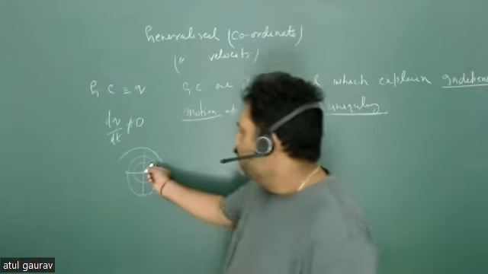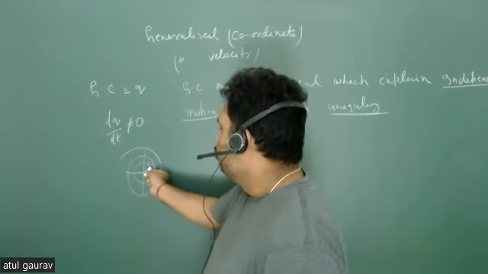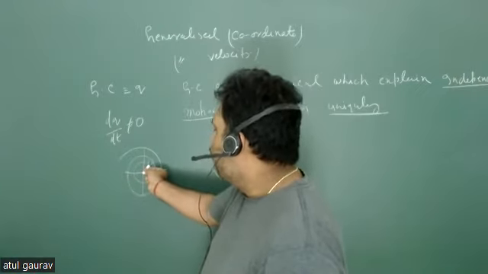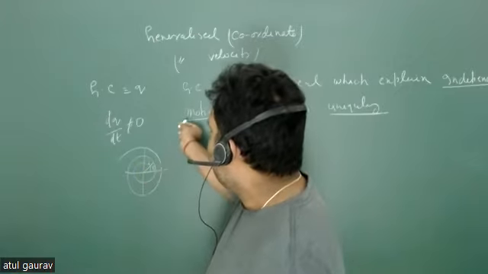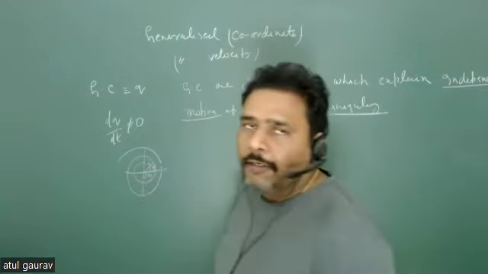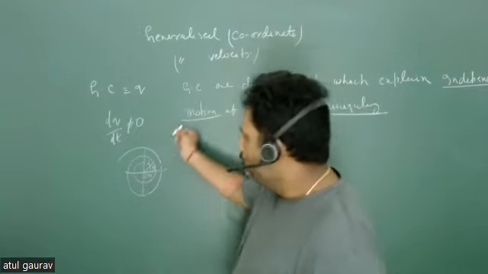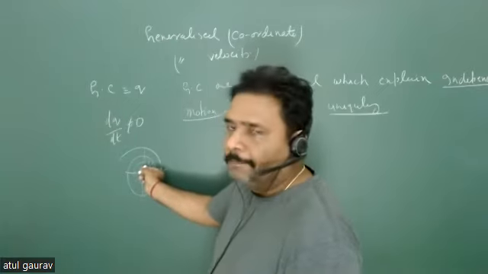That means, first, r dot is not 0, so it is a dynamical variable. So r dot or r will explain how your particle is moving away from or towards the origin.